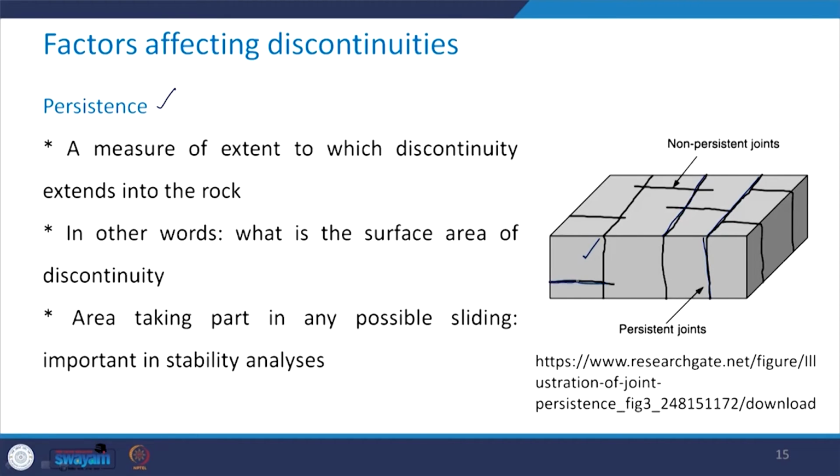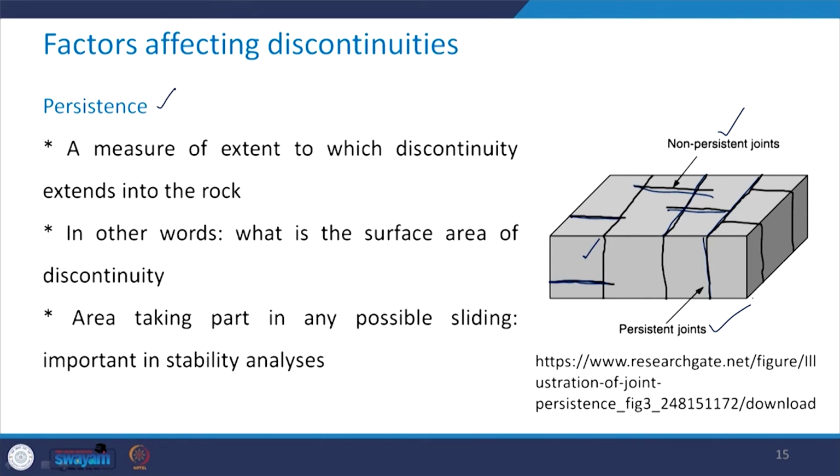However, this joint set, you see, is not extending, it is like this. So these are called non-persistent joints. However, a joint which is extending in the rock is called a persistent joint.